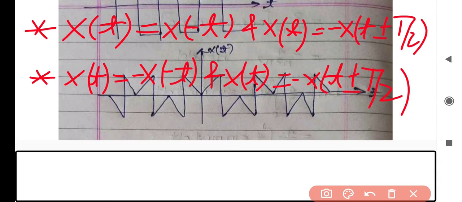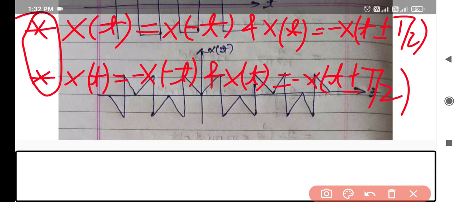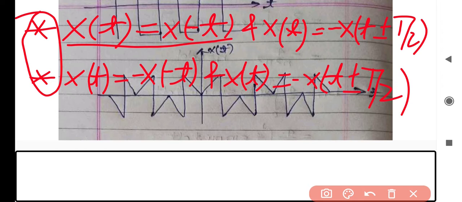Both the conditions are for quarter wave symmetry. Either it is even symmetric or it is odd symmetric with half wave symmetry.